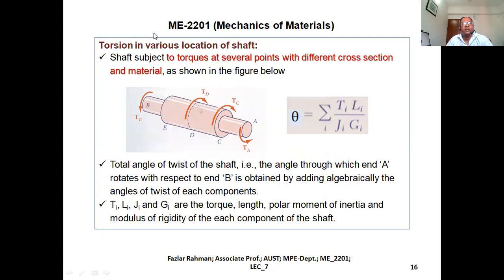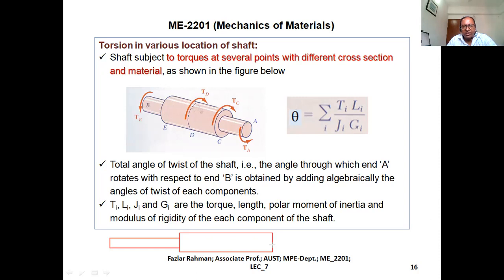Now, you might have a shaft with multiple cross sections, might be made of different materials. So you might have a circular shaft of this diameter, say made with aluminum. This shaft is attached to this shaft, say made of steel, and this point is welded or joined fixedly, so there will be no slip between these two points.